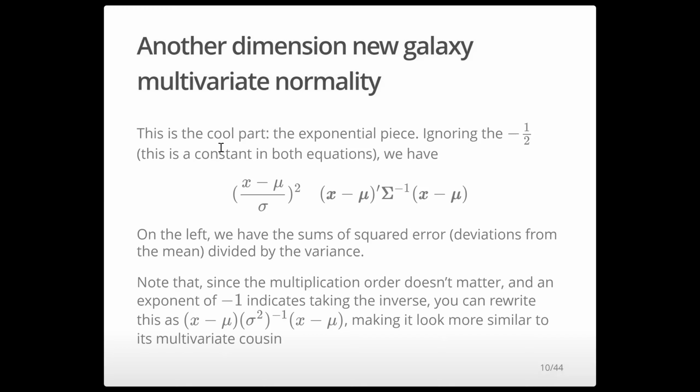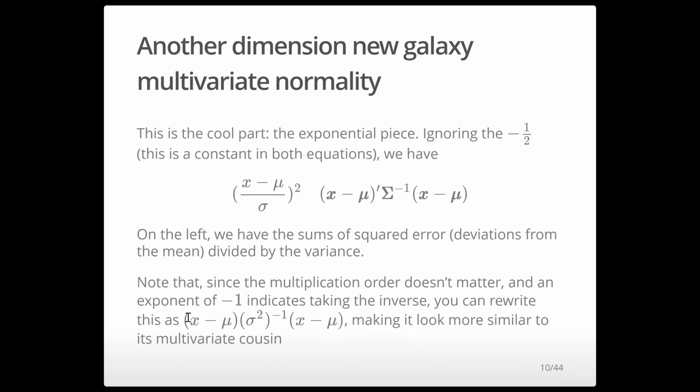Let's think about how these two things might be similar. This probably looks somewhat familiar. What this essentially is, is the sum of squared error, or deviations from the mean, divided by the variance. So note that one way we can rewrite this univariate piece is by changing the order, changing the notation.